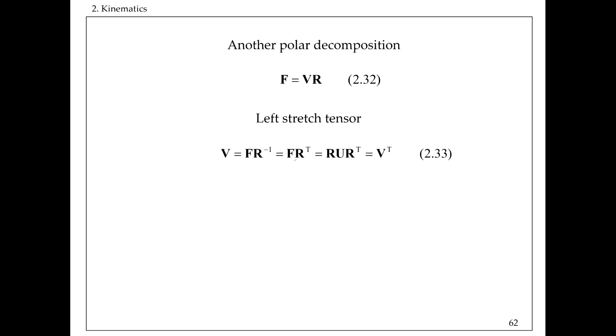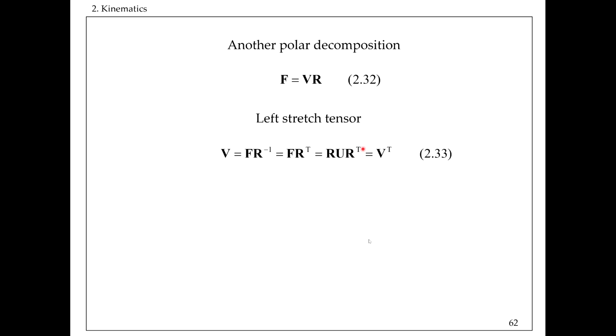Then further, instead of F, we can also use our usual first decomposition with the right stretch tensor, and we can write that it's nothing but RU, as you can see here.